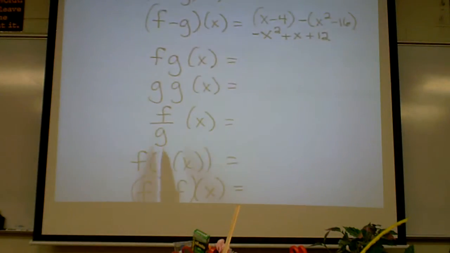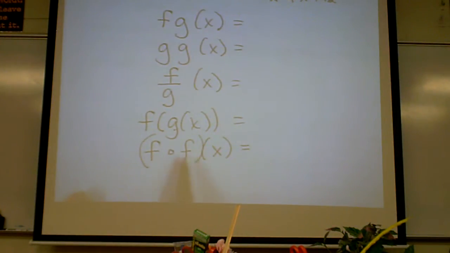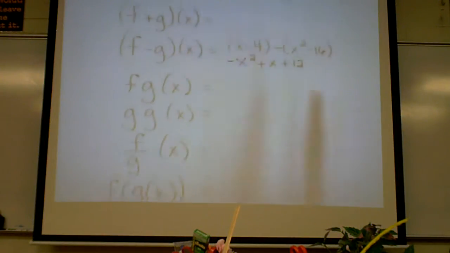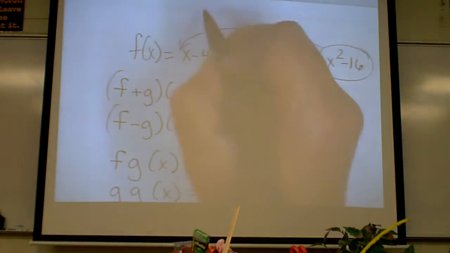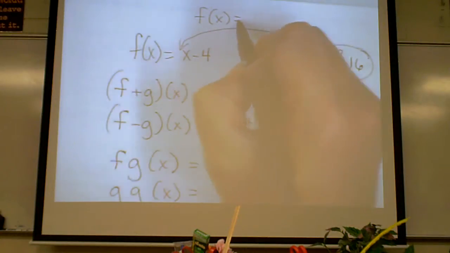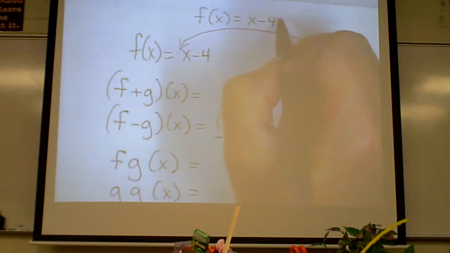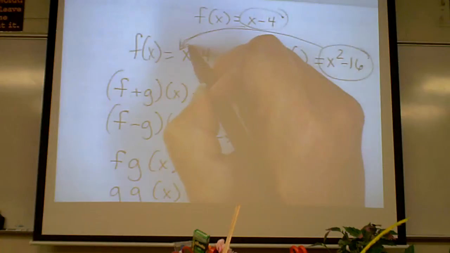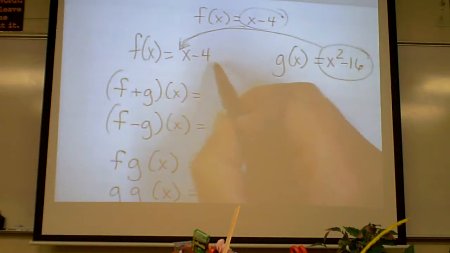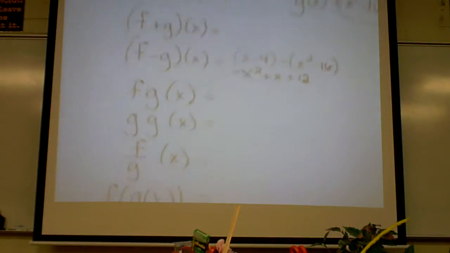If I said, what's F, what's this one gonna be? You plug F into F. And so you plug F into F, so you might wanna write another F, just copy it. And if you plug this in here, you'd have X minus 4 minus 4. Or X. Okay, and then simplify it.